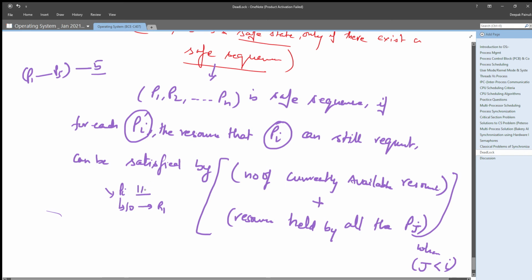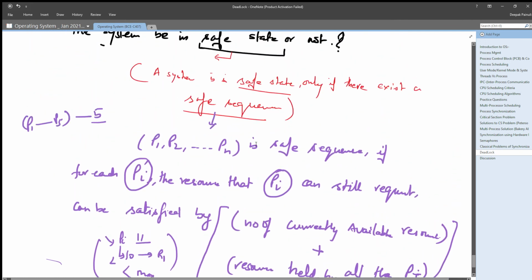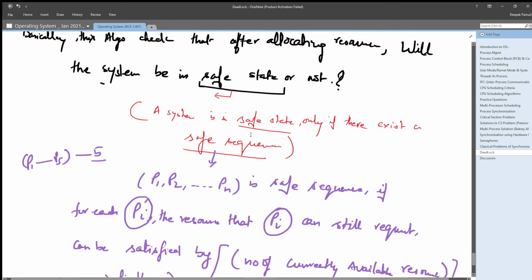For granting instances of resources to a Pi, the demand must be less than the maximum instances of that resource type, right? So this is the same thing which is written over here, right? And if this sequence satisfies this requirement, then only we can say that a safe sequence exists, and that the system is in a safe state.